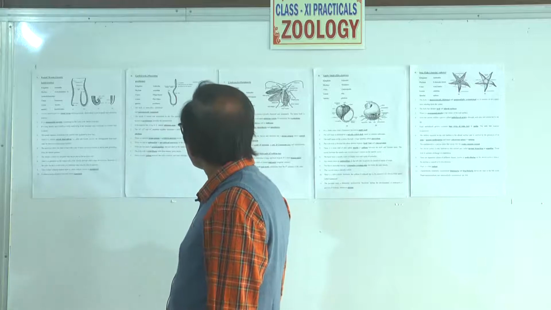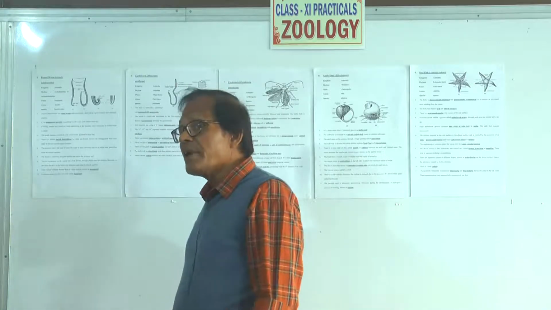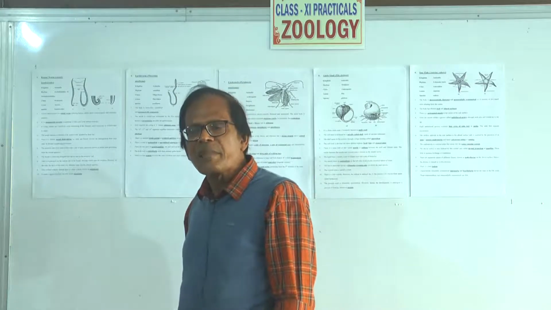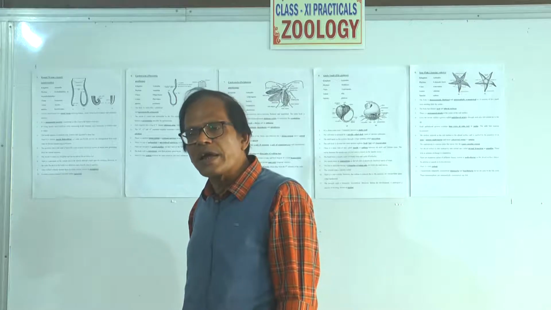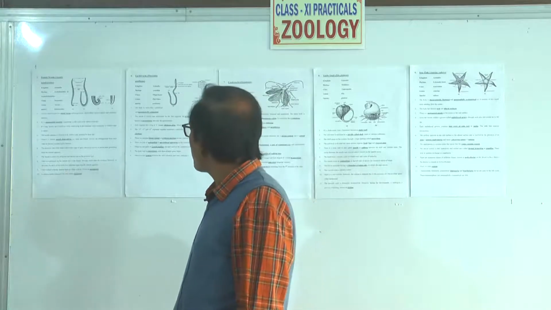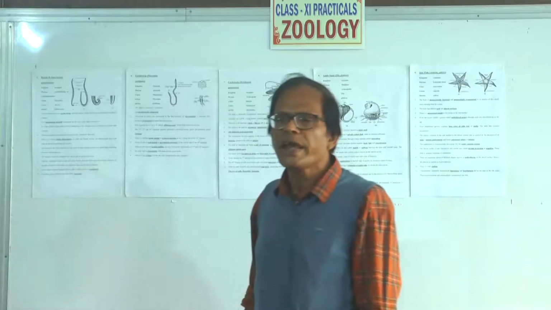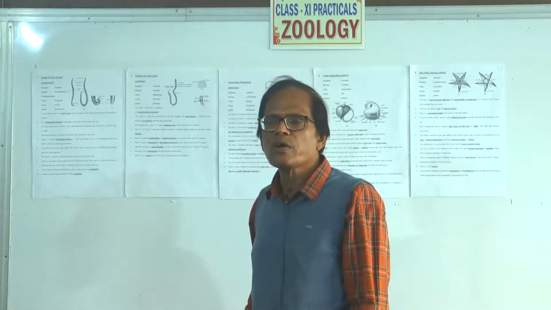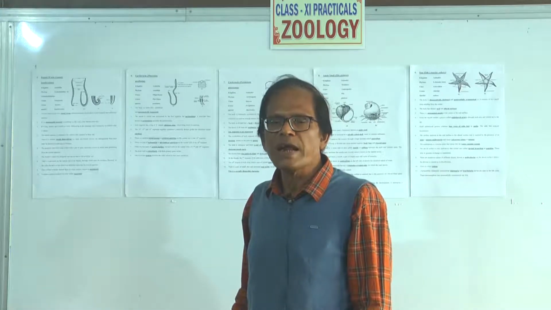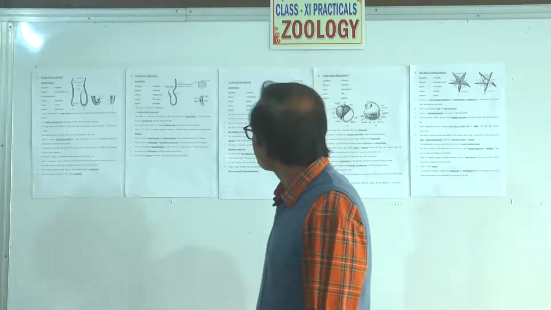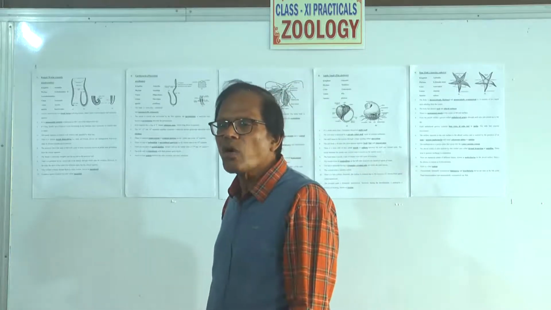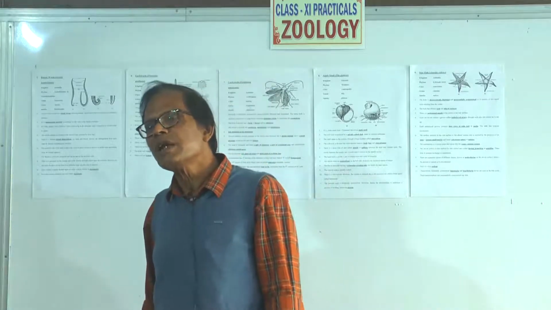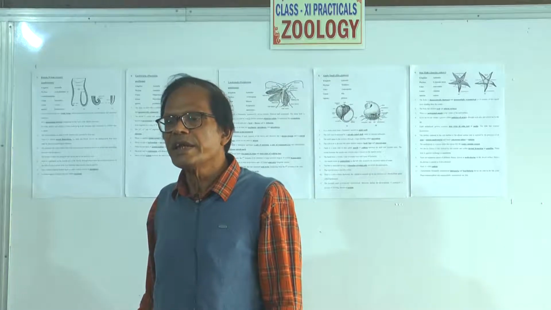The body is worm-like, cylindrical and metamerically segmented. Please underline this word, because this metameric segmentation of the body is a characteristic feature that begins with the phylum Annelida and continues above in an ascending order. Metamerism, or metameric segmentation, refers to repetition of similar segments in a linear order.